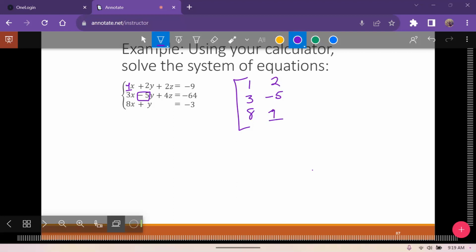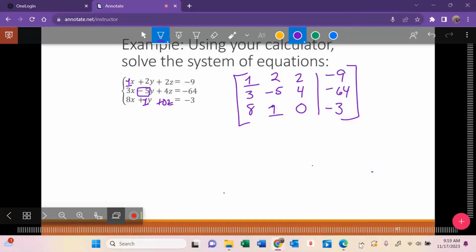And then we have 2, 4, and because this is blank, we know that's plus 0z, so we're going to put 0 there. And then we have -9, -64, and -3. That's the matrix we need to create in our calculator.